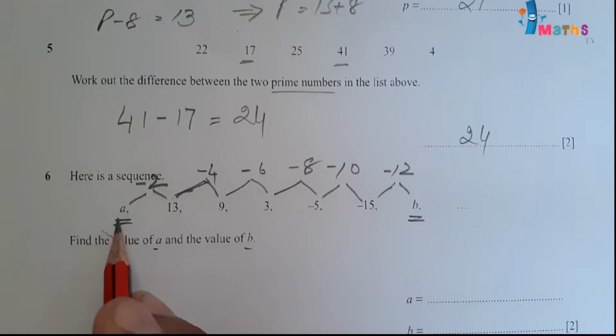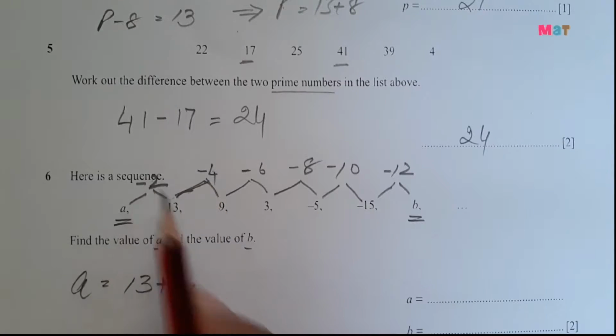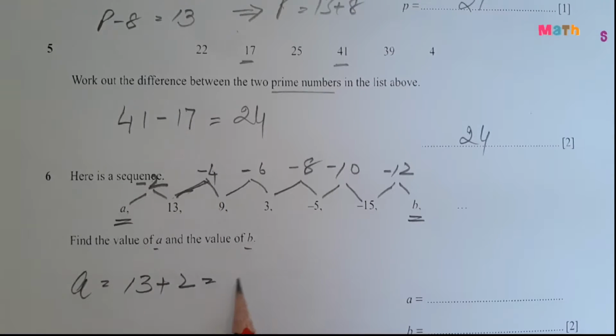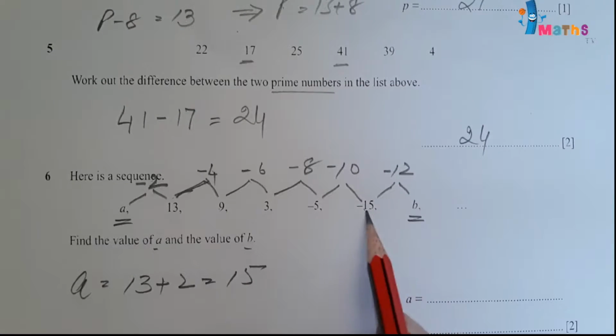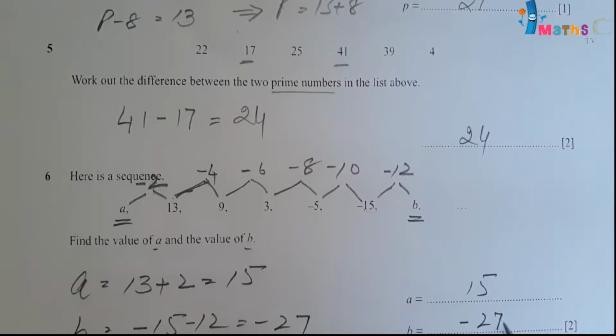So adding 2 means A will be equal to 13 plus 2, because difference will be 2, so 15 will be A term, and we will subtract for B. B will be minus 15 minus 12, which is equal to minus 27. So value of A will be 15 and value of B will be minus 27.